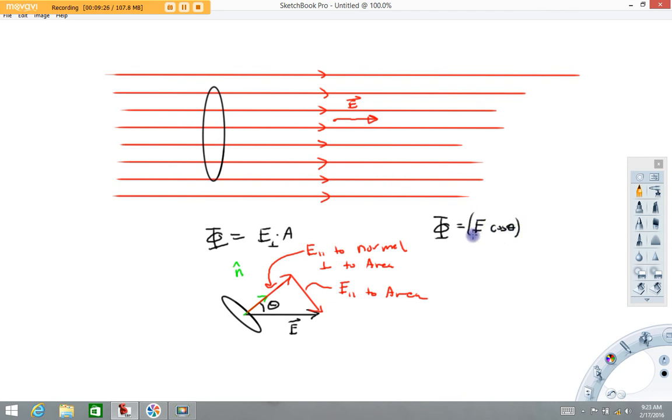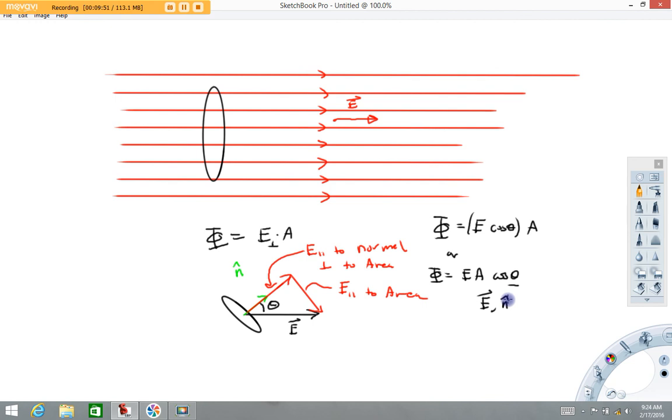That quantity gives us the component of the electric field in the direction of the normal, right, times the area. Or when we look this up in the textbook, this could be written something like EA cosine theta, where again, the theta is the angle between the electric field vector and the normal vector.